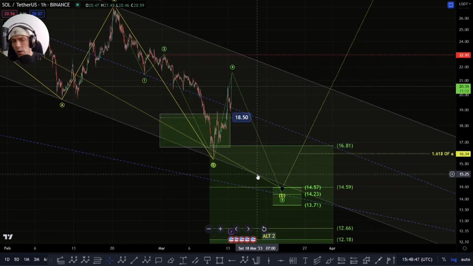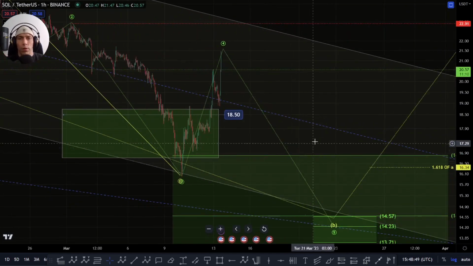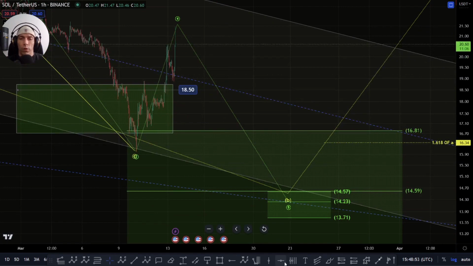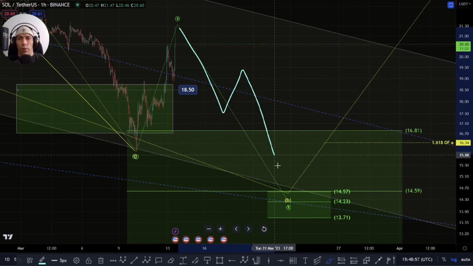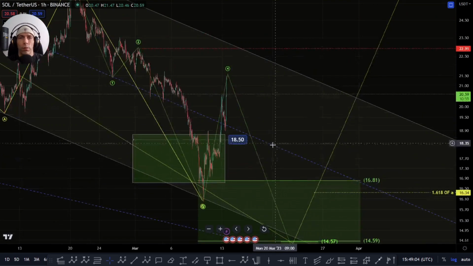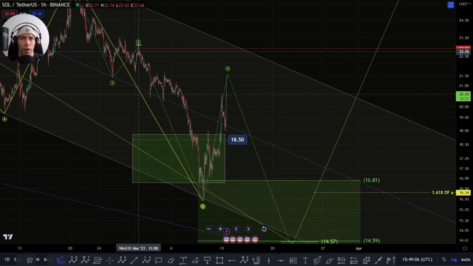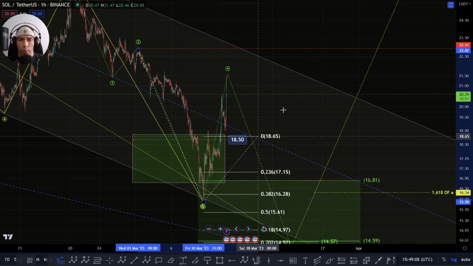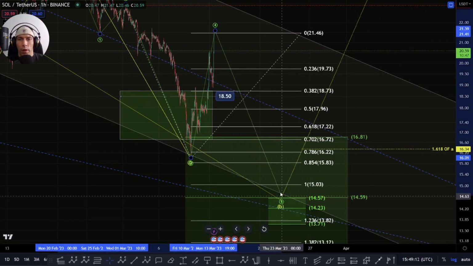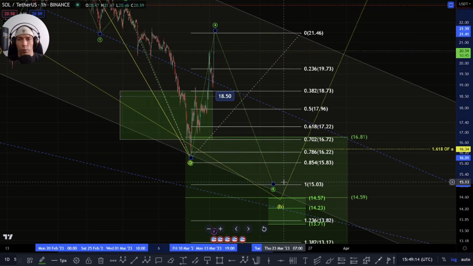So when we're talking about this as an expanding diagonal like this, what we'd want to see within the structure would be a bigger three-wave move to the downside. So this three-wave move to the downside potentially would have to be longer than this wave three, and depending exactly where we complete, that would mean that potentially we would have to move lower than this 1503 area.